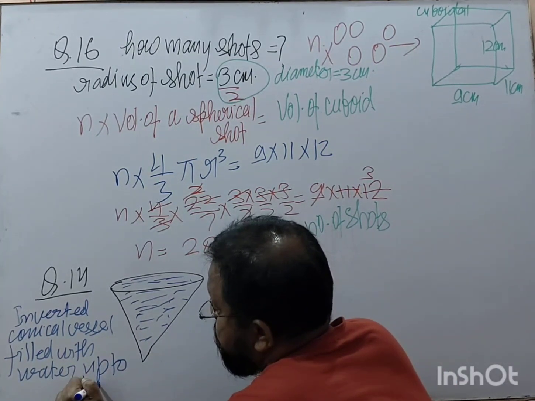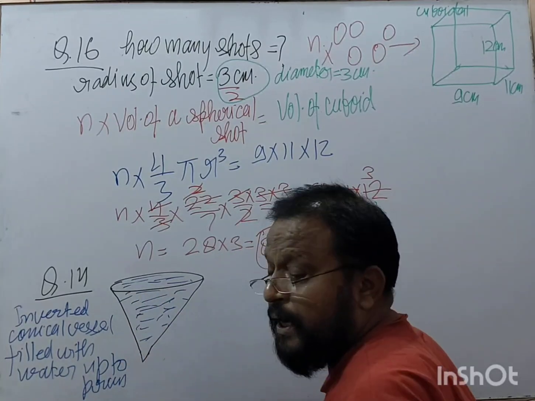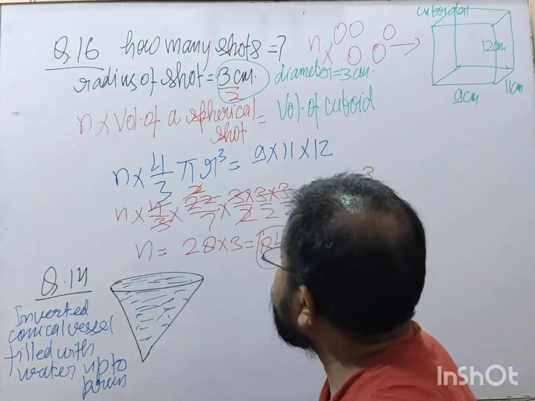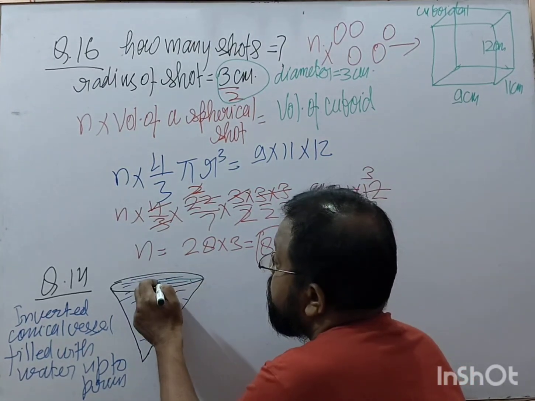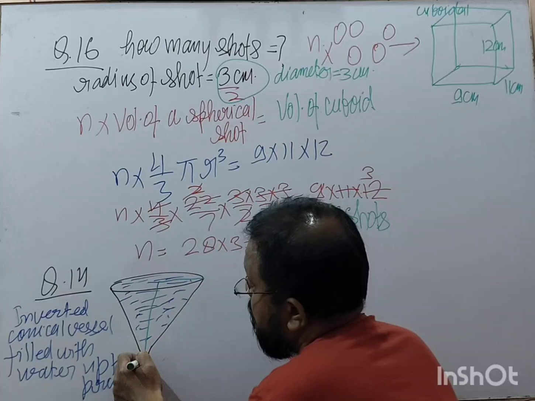Then what happens? Its height is 20 centimeter. This is radius and this is height.